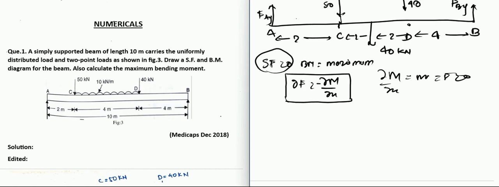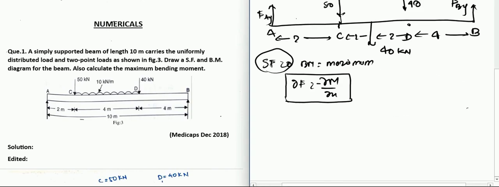We will calculate the moment at that point, and if it is positive we say it is maximum, and if it is negative we say it is minimum. So we don't need to calculate the double differential. We can just use this basic concept here.